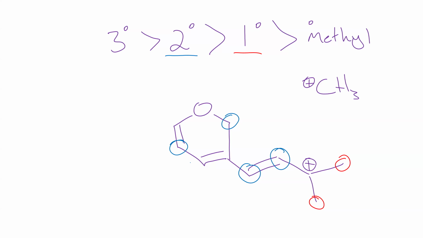I guess we're kind of splitting hairs. Does that count as secondary or not if they're attached to an oxygen? Since we're mostly talking about carbons right now, I'll erase those. Those blue ones are secondary.